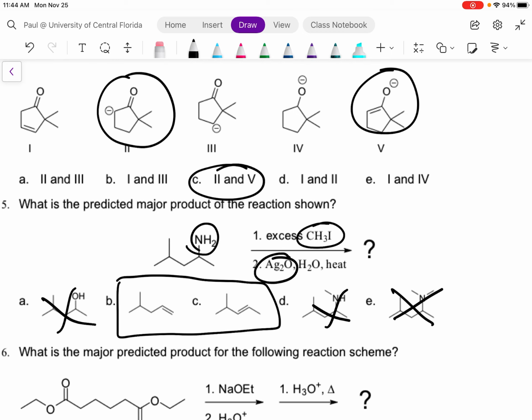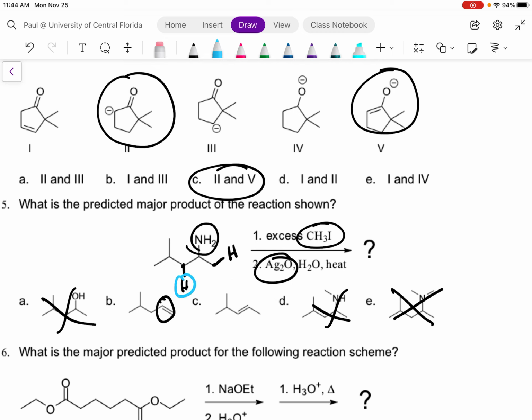Well, the Hofmann product is where you put the alkene at the, you're going to abstract the hydrogen at the least steric site. So we have these hydrogens right here that can be abstracted. And so if you take off, let's circle this one blue.